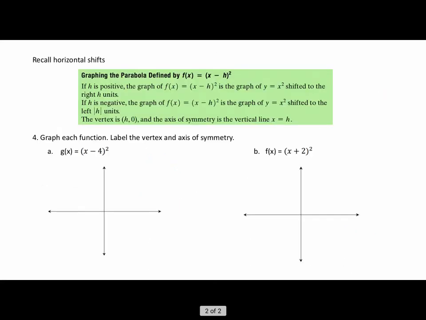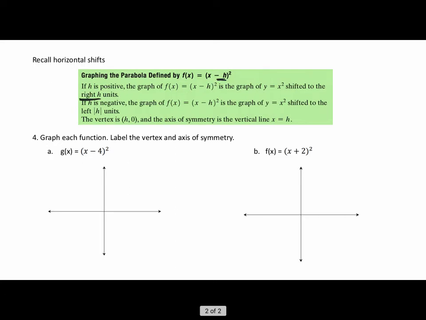So recall a horizontal shift is when you have addition or subtraction inside the function. So in this case, it'll look like x minus h squared, so the opposite of h. So if h is positive, this will be x minus a number, and that's going to shift to the right h units.